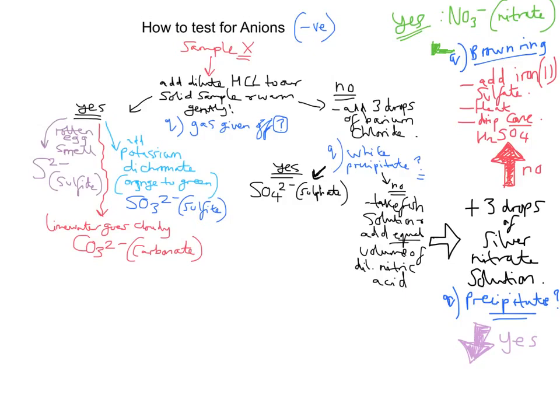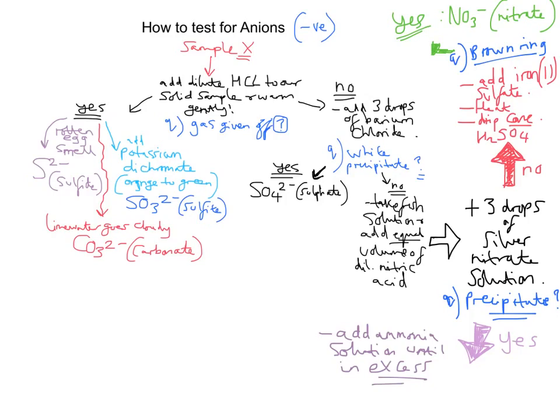So if we did, we need to now add ammonia solution until it's in excess. So at this point, we need to add ammonia solution until it's in what we call excess.